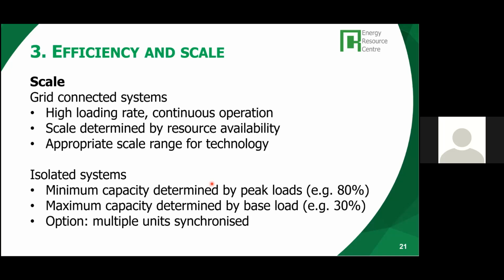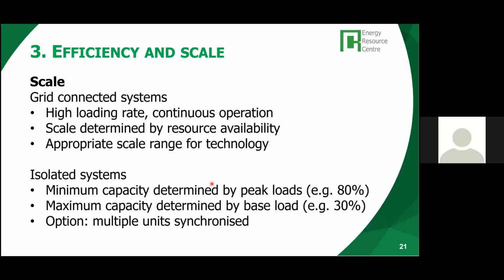For example, if you make sure that the maximum expected peak load is no more than 80% of the system capacity. On the other hand, if you want to have a system that always runs at least 30%, then you can set a certain maximum capacity so that the system will never run at less than, for example, this 30% of its capacity.